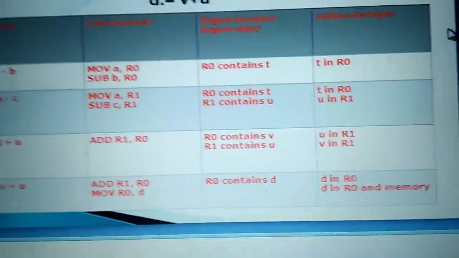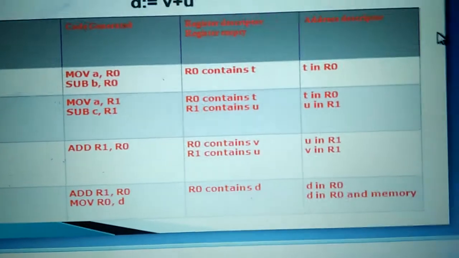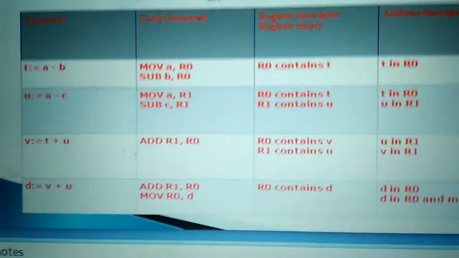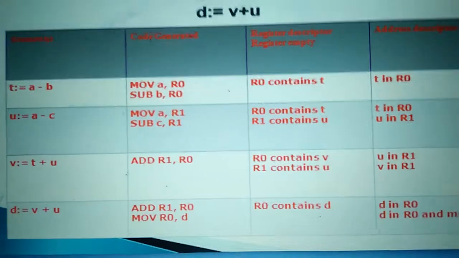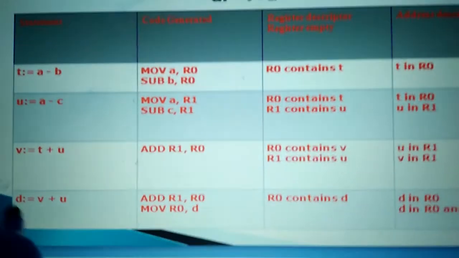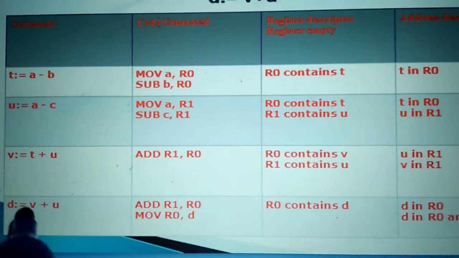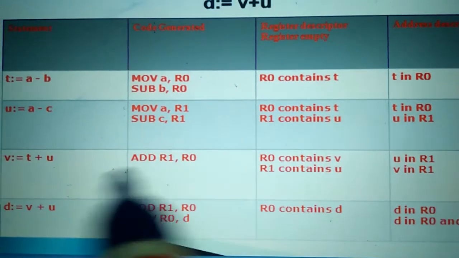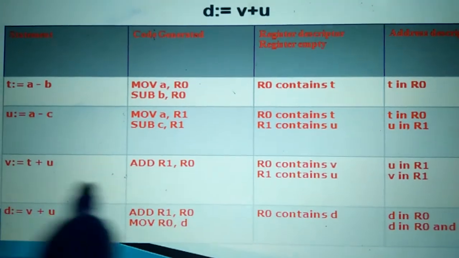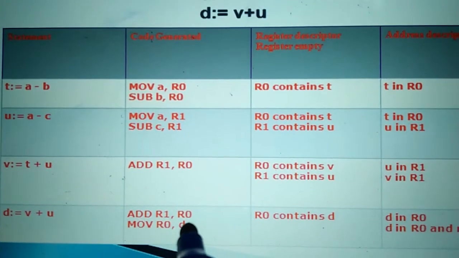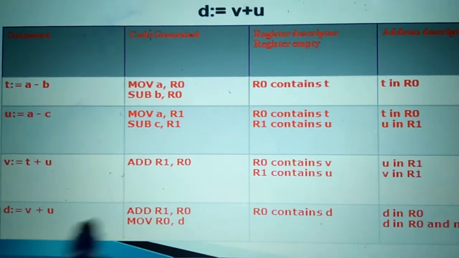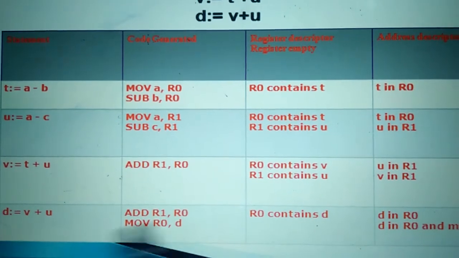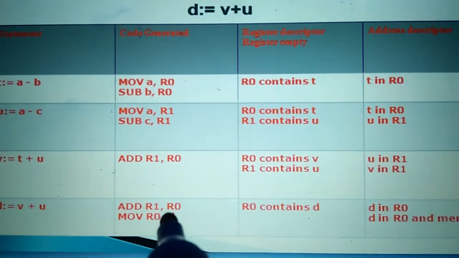In the same way, here also I am describing it in this manner. So D is equal to U plus V. Again, we consider R0 and R1: add R0 and R1.